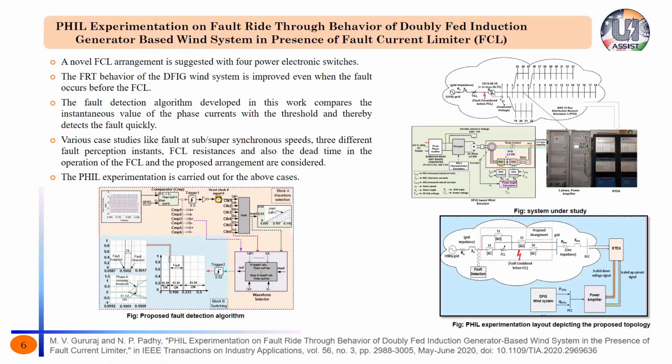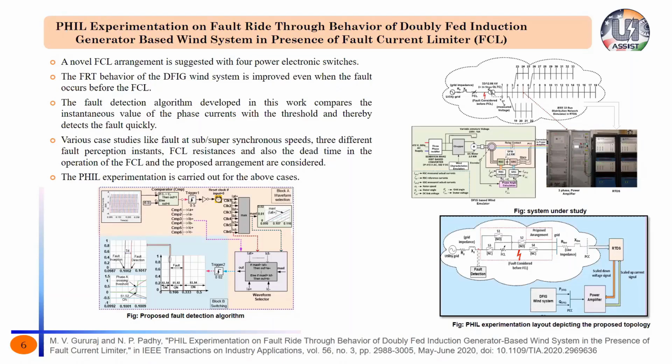One is it should make sure that the PCC voltage is maintained. If PCC voltage is maintained, then it is very much sure that we can protect the DC link capacitors, and we can also protect the rotor side converter from being damaged due to rotor induced voltages and currents.